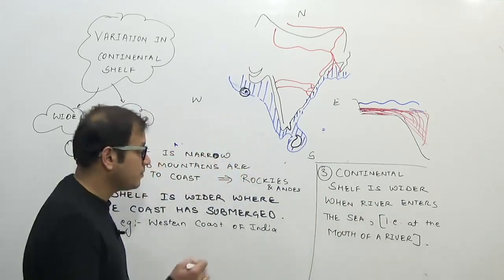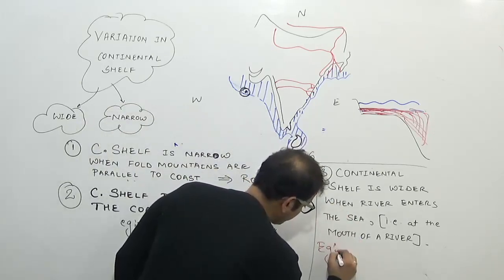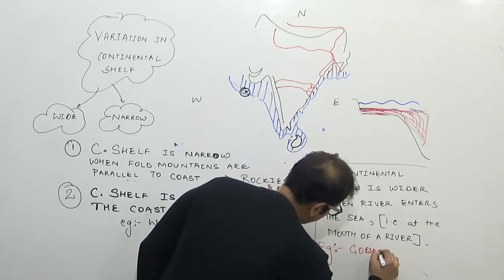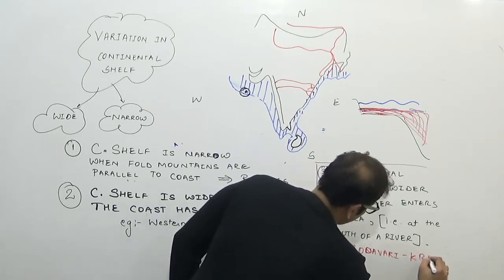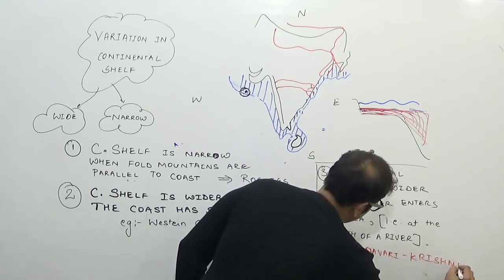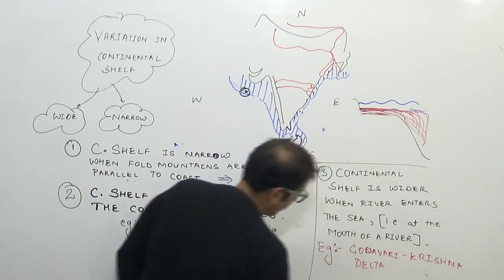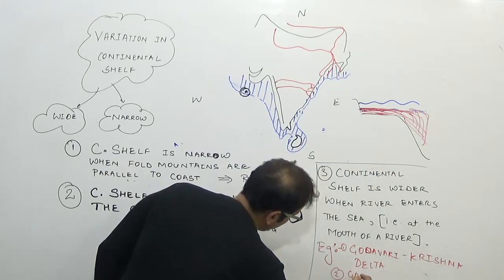So the examples are the Godavari Krishna delta and the Ganga Brahmaputra delta.